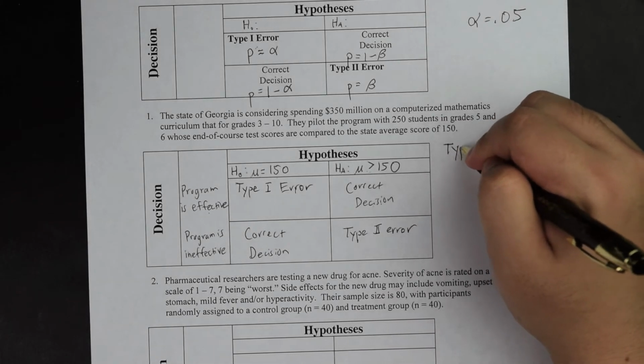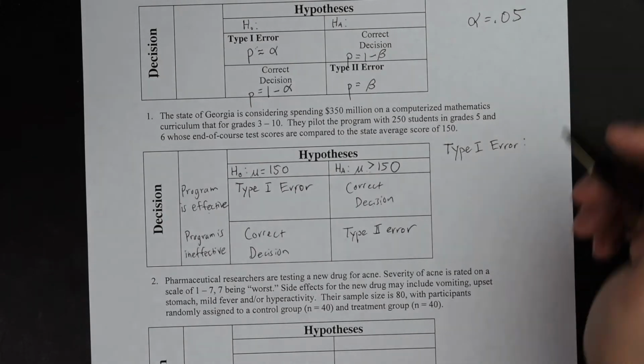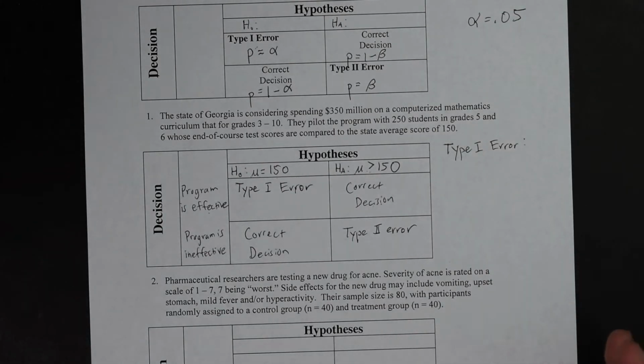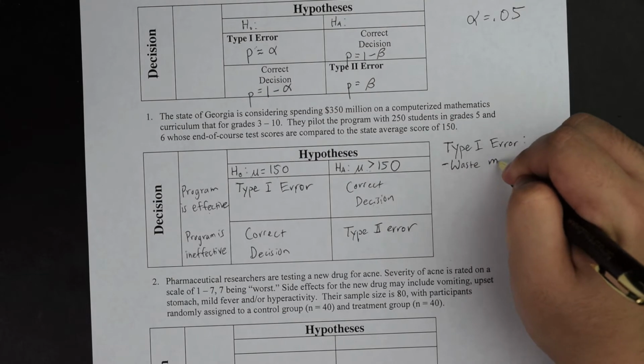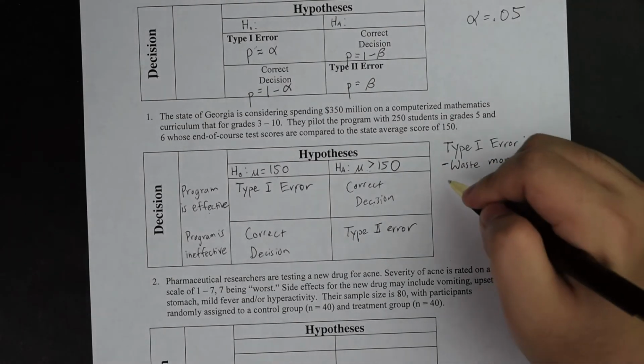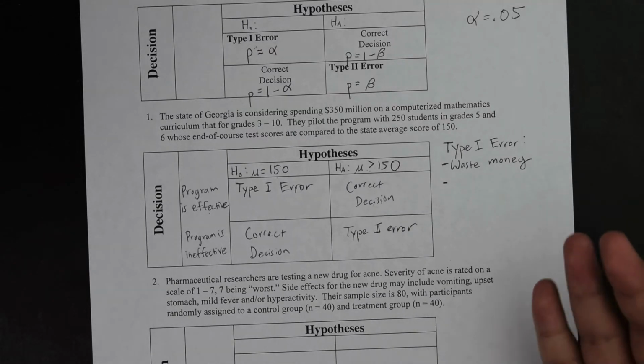The big issue with type 1 is this, right? If you think about it in a logical sense, if the program does not work and we claim that it is effective, what does that mean? We waste money, right? That's one possibility, and there are many other possibilities you could think of that I might not mention. We hope that this money is well spent, and yet that's not really the case.